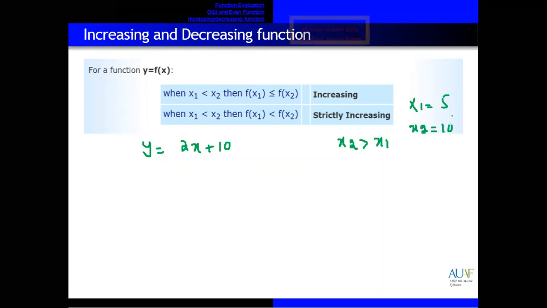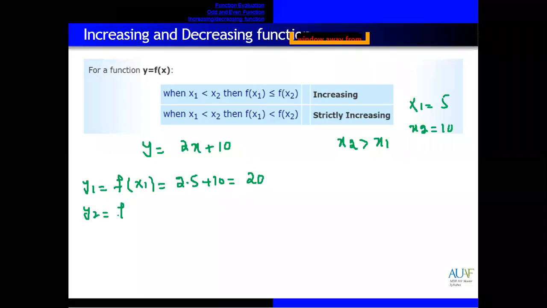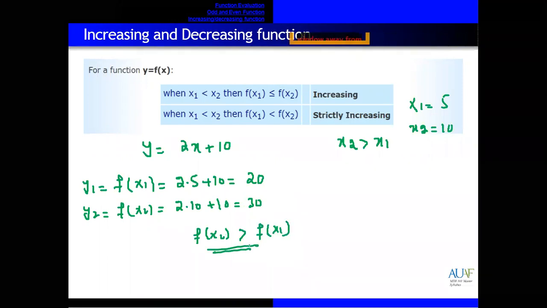First, y1, or f of x1, where x1 is 5: 2 multiply with 5 plus 10, so 2 fives are 10 plus 10 equal to 20. Now the second, f of x2, where x2 is 10: 2 multiply with 10 plus 10, so 20 plus 10 equal to 30. You can see here f of x2 is greater than f of x1. This shows that this is an increasing function.